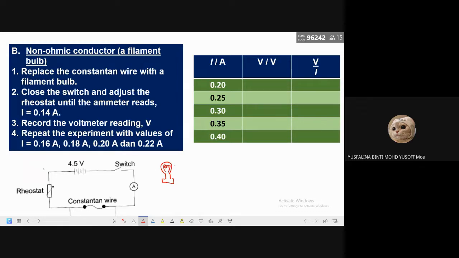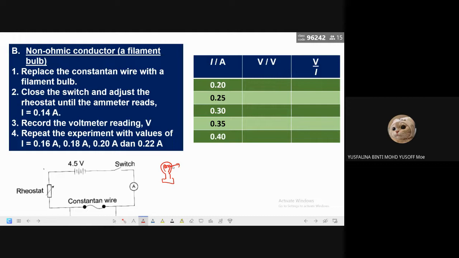So this is the filament bulb, and inside it there is a filament. When the current flows through it and you switch it on for some time, if you touch the bulb with your hand, it will become hot. So there is an increase of temperature.